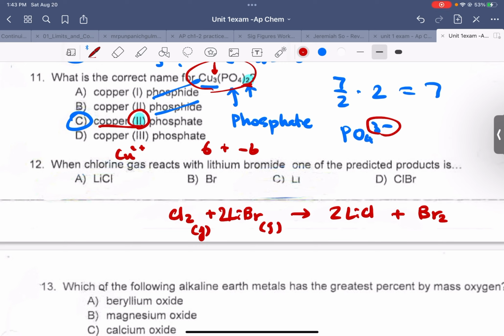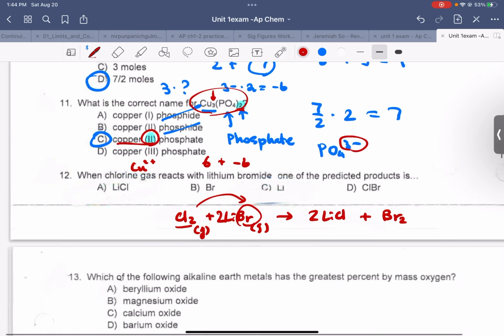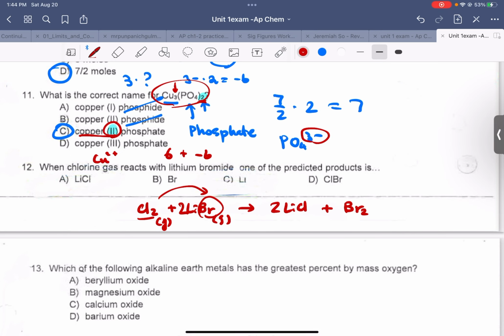So what happened is when you put Cl2 plus 2 LiBr, it'll replace the Br because it has a higher activity. If you look at your halogens, it's F, fluorine, Cl, bromine, iodine, like that, and this one has a stronger activity.